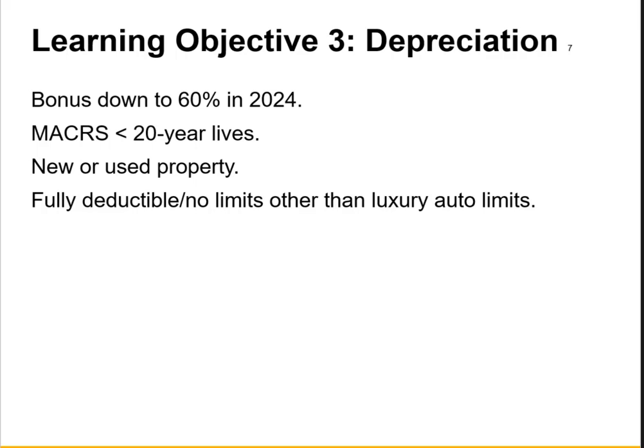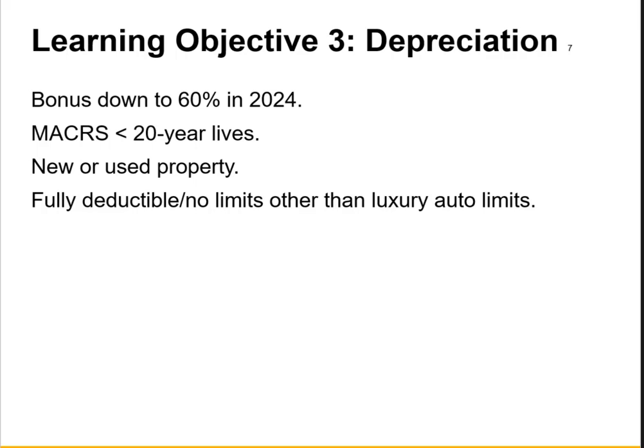This can create a loss as well. This can be reduced. It can be enough with other expenses to make it so that we have a loss in our business. So that's the advantage of this over Section 179 and the fact that there's no maximum.